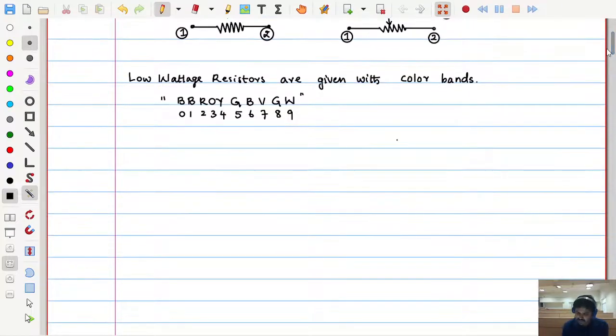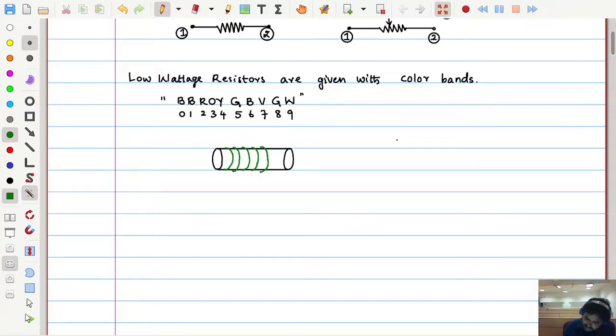We said that usually we will have 4 or 5 band resistors. Let us take a simple example. If I consider a small resistor like this, whose color bands, let us think, are one color band here, one more, one more, one more, and a fifth one also.